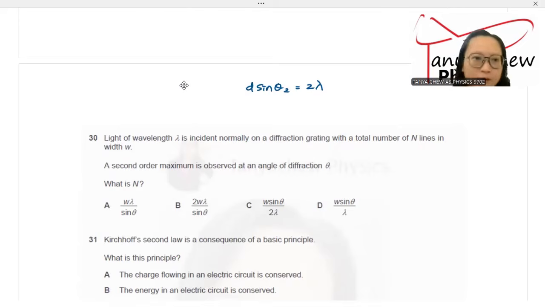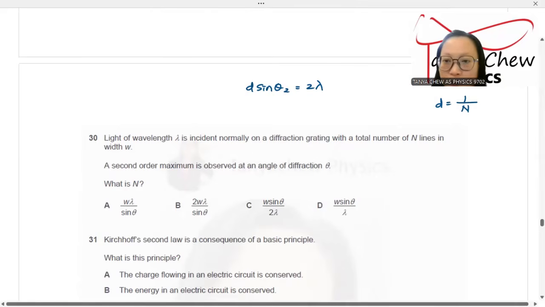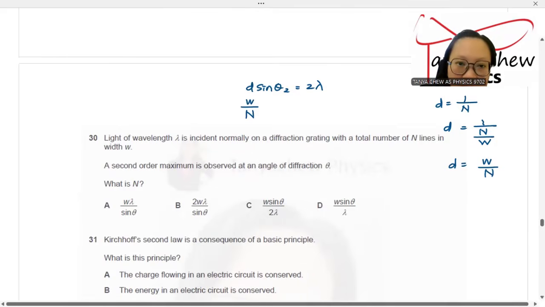Don't worry. Grating spacing is equal to 1 over N. N represents the number of lines per millimeter. But the width is being given, so divided by width. See that? Now, D can be replaced by W over N. So W over N sine theta, 2, is equal to 2 lambda.